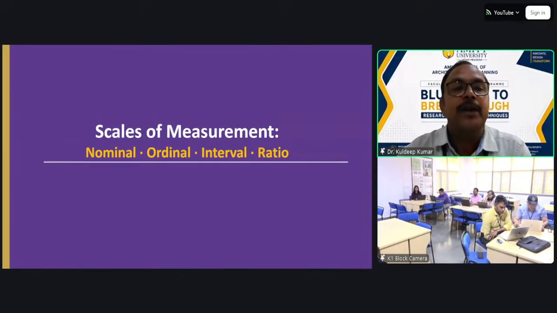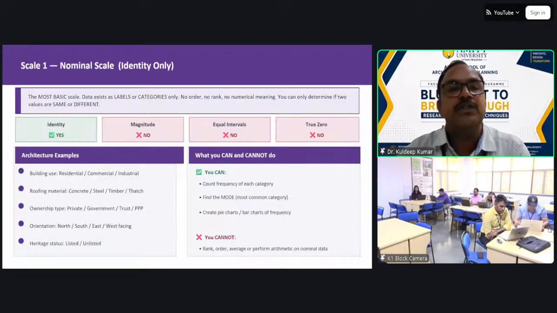So we'll compare these data: nominal, ordinal, interval, and ratio across the 4 parameters. Here in nominal, we just have the identity. We can only distinguish the categories from each other in this case. We don't have magnitude, equal intervals, and true zero, which we will see in the later slides.